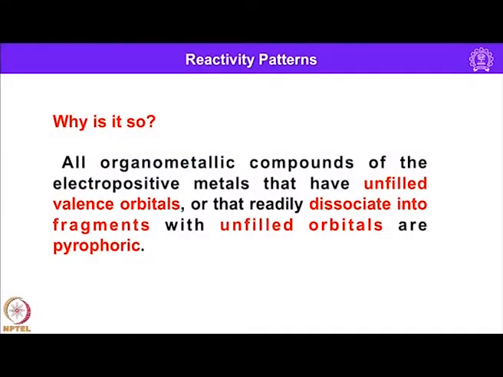All organometallic compounds of the electropositive metals that have unfilled valence orbitals or that readily dissociate into fragments with unfilled orbitals are pyrophoric. So, that is the reason most of these organometallic compounds, if we consider, they have unfilled valence orbitals or they have a tendency to dissociate into fragments with unfilled orbitals. As a result, they become highly pyrophoric in nature. So, let us consider these examples.